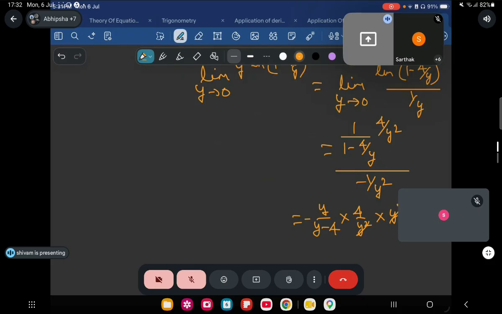Y tends to 0, right? This is 0 by 0 form. So let us differentiate it once again. And differentiating it once again in the numerator, we'll get 4. And the denominator, what do we get? 1. So I'm getting minus 4.